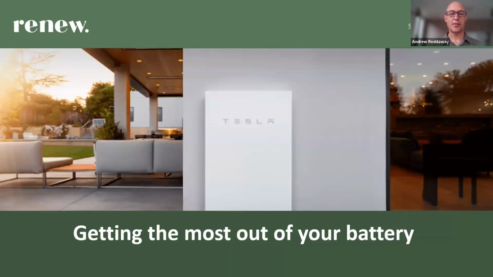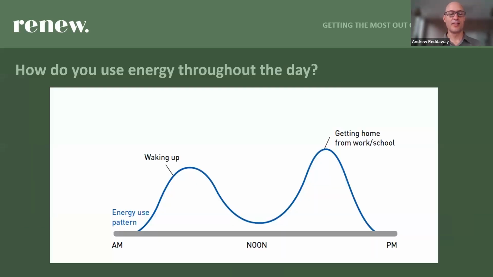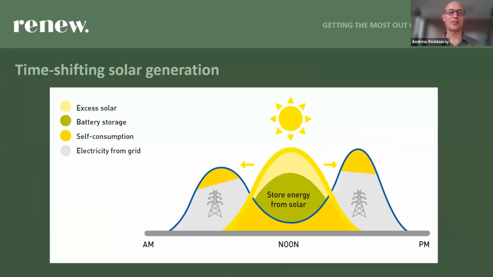How do you get the most out of your battery? We saw this before. In this case, the diagram has that green blob in the middle. What that's saying is that some of your excess electricity that you would have been exporting in the middle of the day, that area there, representing an amount of electrical energy, now goes into the battery instead of being exported out to the grid.